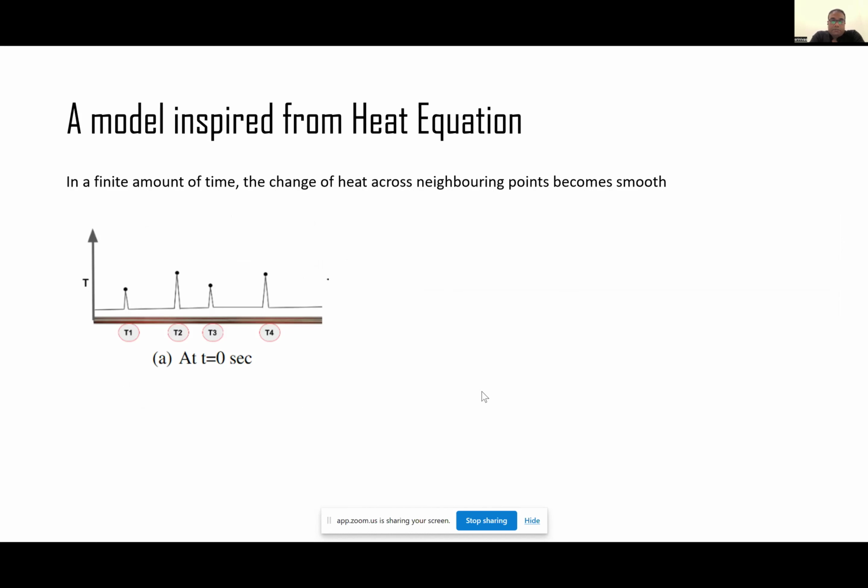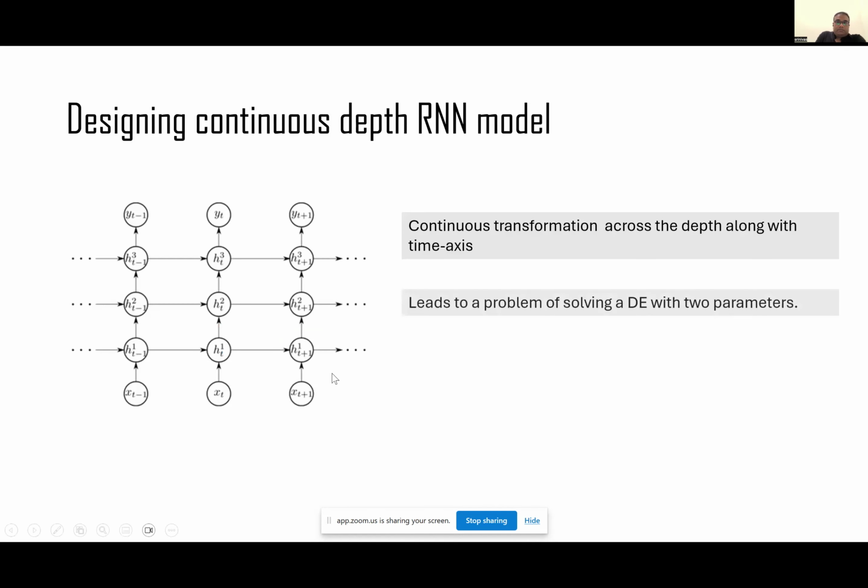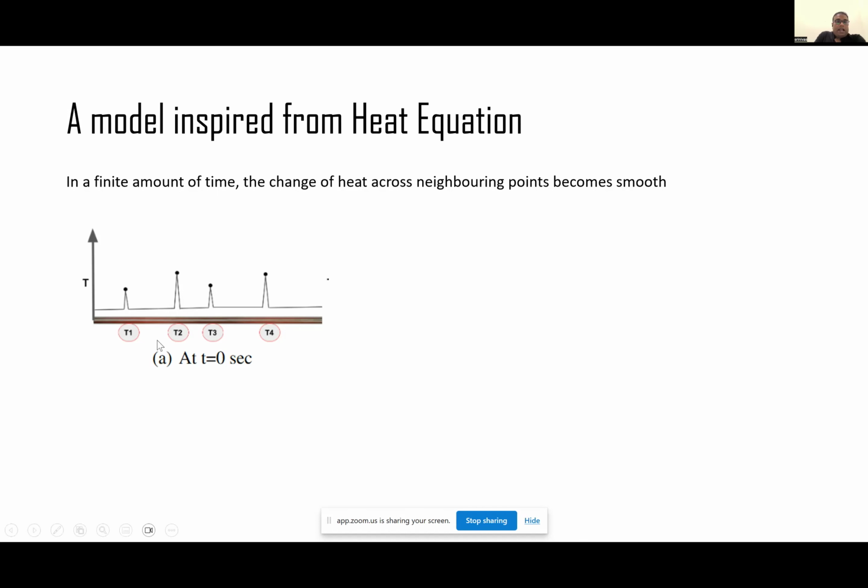One part of our continuous RNN is a model which is inspired by the heat equation. Generally, what is happening in nature, let's assume a rod. As you can see, it's a rod, and you apply varying temperatures T1, T2, T3, T4 at different points.